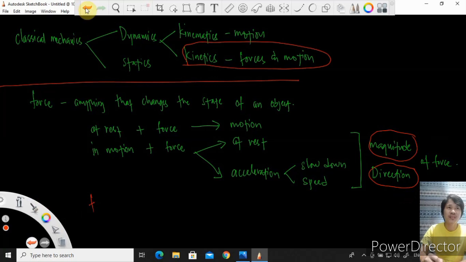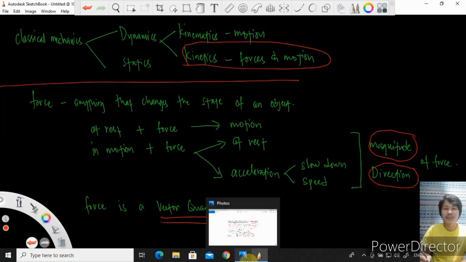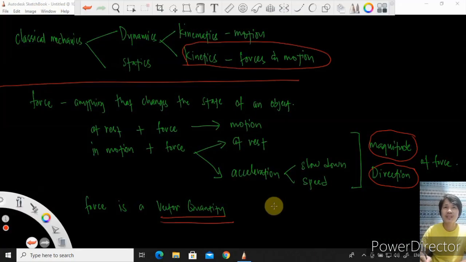We know that the force is a vector quantity. Diba yan? So, vector quantity, ibig sabihin, mathematical object that has both magnitude and direction. Okay? So, again, a force is a vector quantity. Okay? I-review nga natin yung concept ng vectors, if in case lang na nakalimutan.